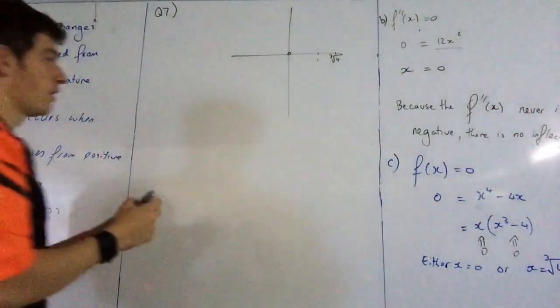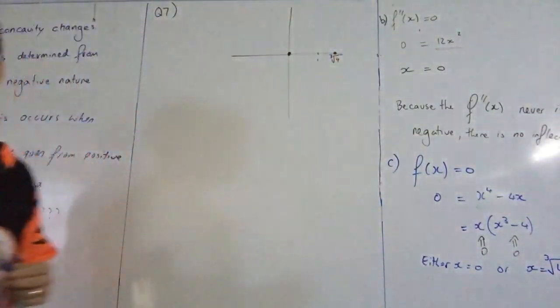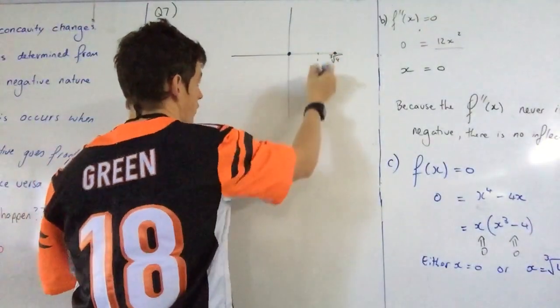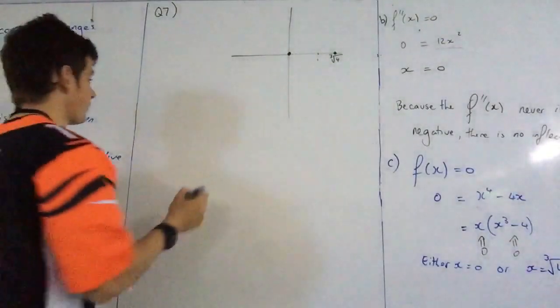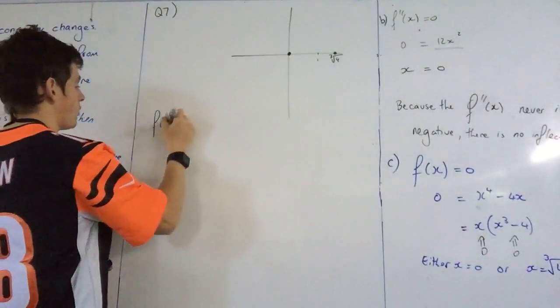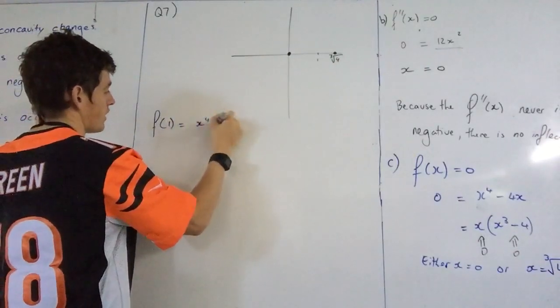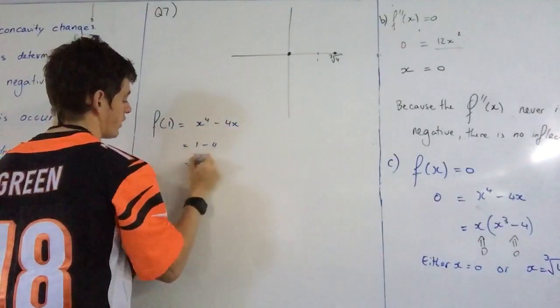I know that at those points my function is going through. I need to obviously find a few more points. So I identified earlier that we've got a stationary point occurring at x equals 1 somewhere. I don't know where it's occurring, but I do know it's a minimum. So to find out what that value is, I let 1 be subbed into our f x function, which is x to the power of 4 minus 4x, which equals 1 minus 4, which equals negative 3.